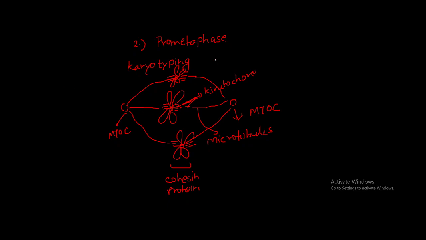Basically, in the prometaphase, you will start observing the presence of the kinetochore. You will start observing the movement of the microtubules towards the pole. But whatever I have shown here happens when all these chromosomes are lined up with each other. This is the condition of metaphase.